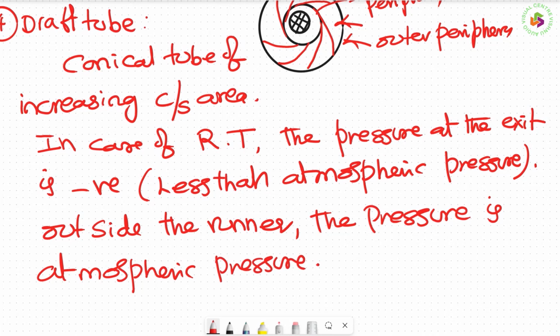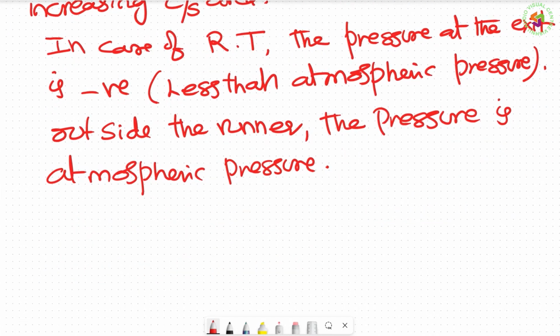So now you tell me whether water will flow from high pressure to low pressure or low pressure to high pressure. The pressure at the exit of the runner is negative, less than atmospheric pressure. Outside it is atmospheric pressure. How will the flow take place?